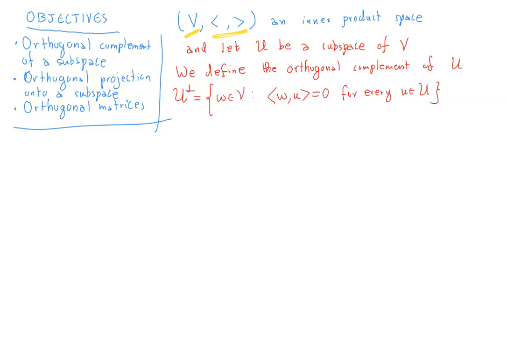It's a good idea to give some geometric pictures of everything involved here. So for example, go to R2. So here's R2, right? Let's say that V is R2.